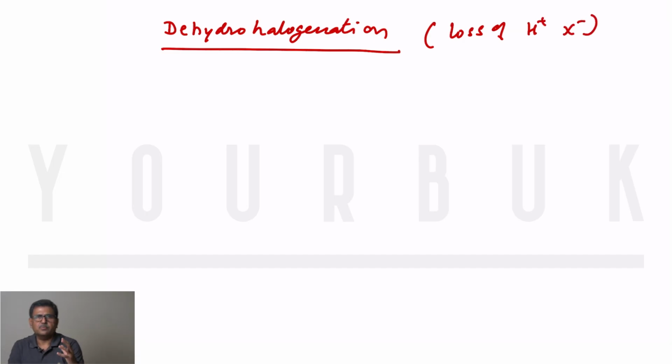So we are removing H positive and X negative from the same haloalkane. But since haloalkanes are not very acidic and give H plus ion with difficulty, this dehydrohalogenation takes place in the presence of strong basic conditions.